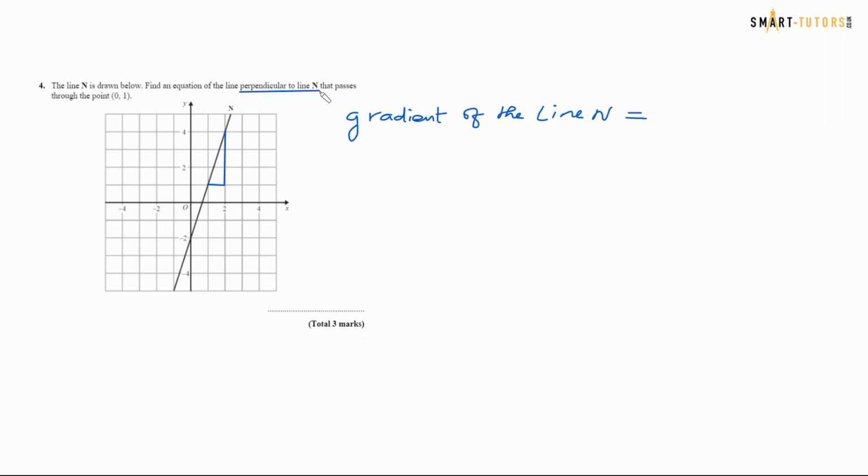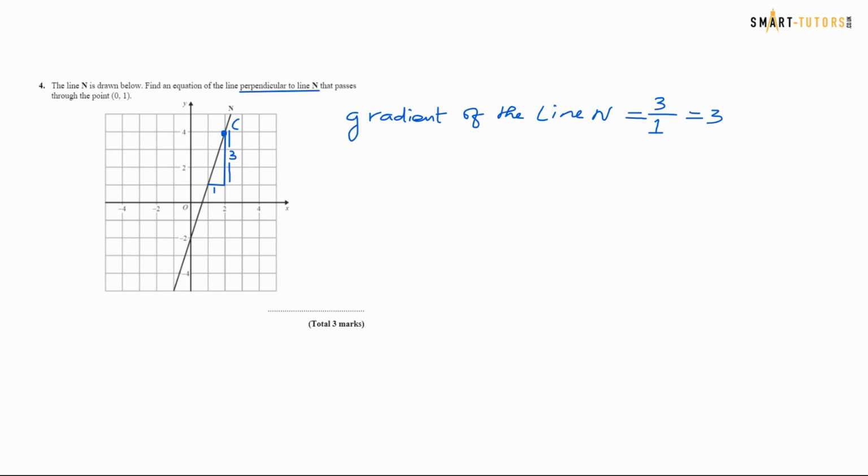So here the y distance is 3 units and x distance is only 1 unit. So the gradient of the line n is y distance divided by x distance. So 3 divided by 1 is 3.